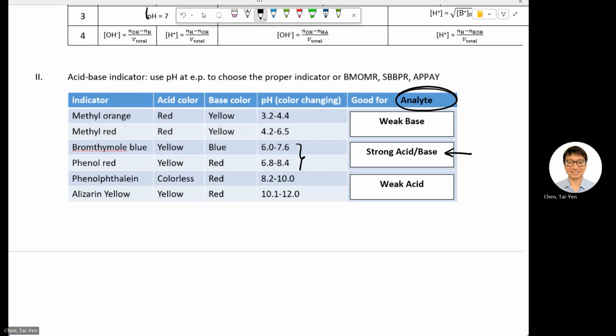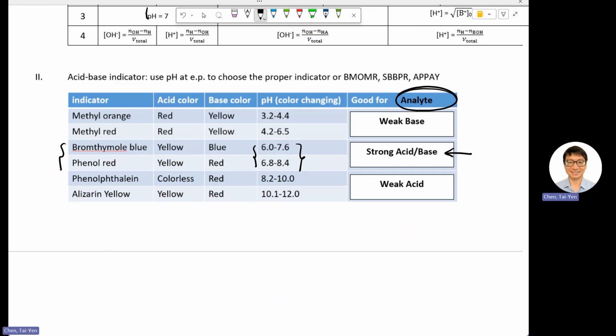So the required indicator for the lab must be sensitive to the pH change at that range. Okay, so here I list out the pH change range, right? And 7 is the thing we are looking for, so it must fall within the range of your indicator. These are the two most commonly used indicators when your analyte is a strong acid or strong base, right?